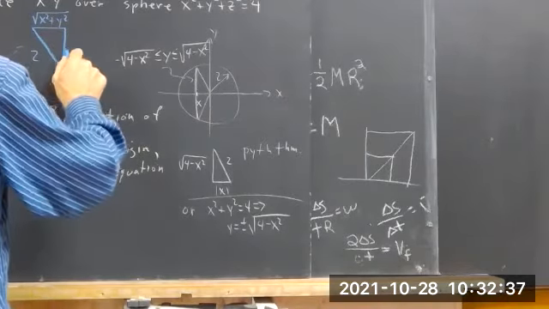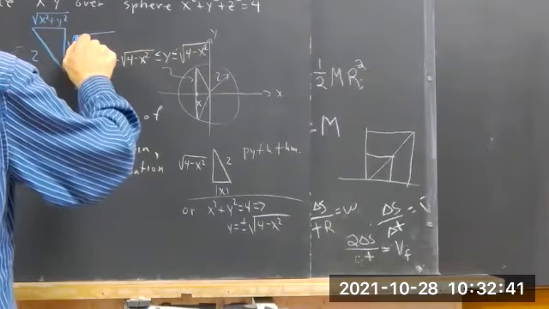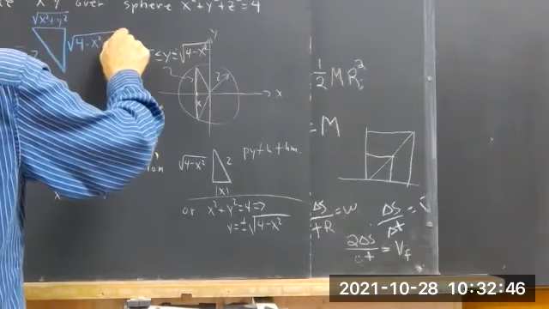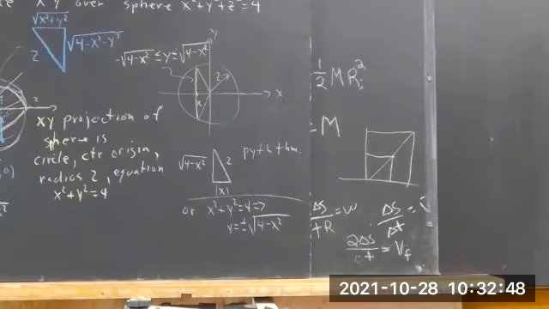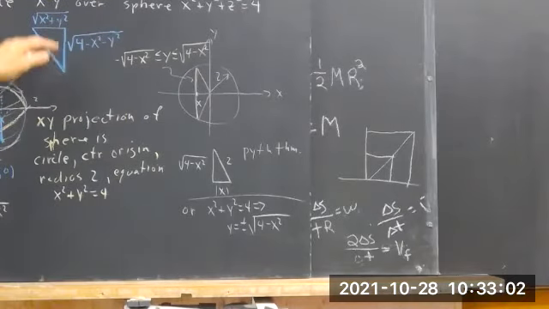So this side has a length equal to the square root of 4 minus x squared minus y squared, because it's going to be this squared minus this squared, right? Square this, you get x squared plus y squared. Square this, you get 4. 4 minus the quantity x squared plus y squared, 4 minus x squared minus y squared. And that's how far you've got to go. In this case, you get down to the sphere. And you have to go the same distance to get up to the sphere.